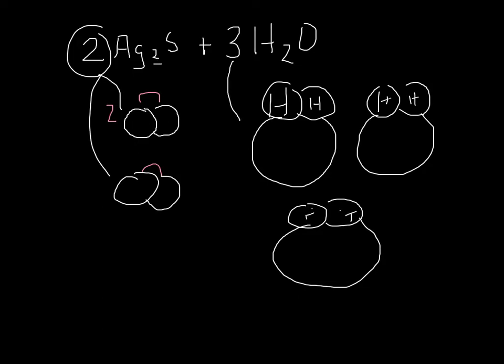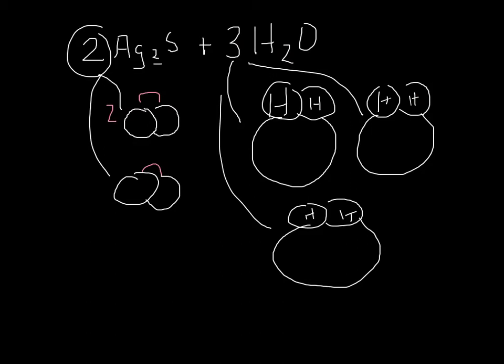That's where the coefficient comes in. But remember that the subscript simply tells us that there are 2 hydrogen atoms in each of those molecules. So if we wanted to find out how many hydrogen atoms were involved in this part of the reaction, we would simply multiply 3 times 2, and that would give us 6 hydrogen atoms. 1, 2, 3, 4, 5, and 6.